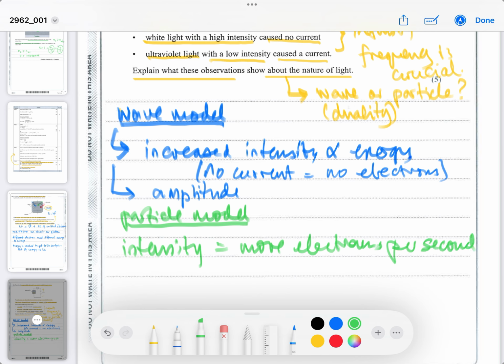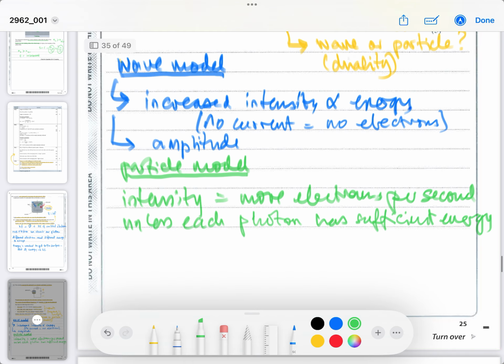But that doesn't mean that they will emit electrons unless each photon has sufficient energy. Remember, one photon can give its energy to 1 electron. So, in a particle model of light, more intensity means more photons arriving per second, but does not increase the energy of each individual photon.